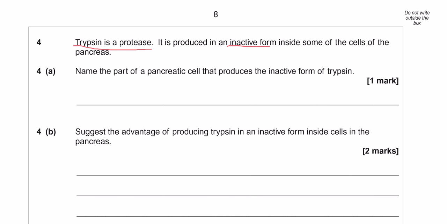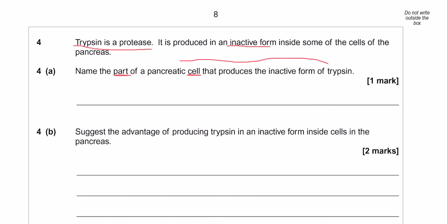And you probably go through your data bank and think, Sir hasn't really told us about pancreatic cells, so I know nothing about pancreases and their cells. Well, that's not what it's looking for. It says name the part. That's the key thing. The part of the cell that produces the inactive form of trypsin.